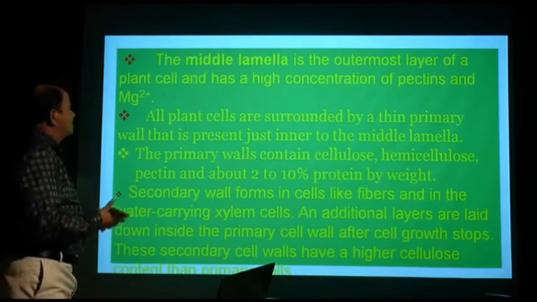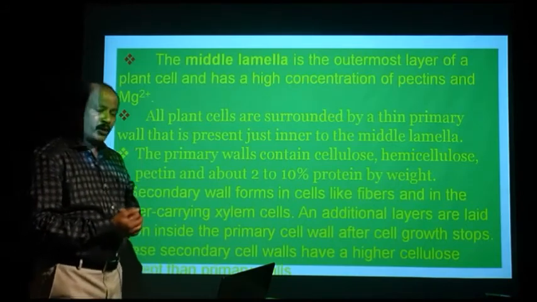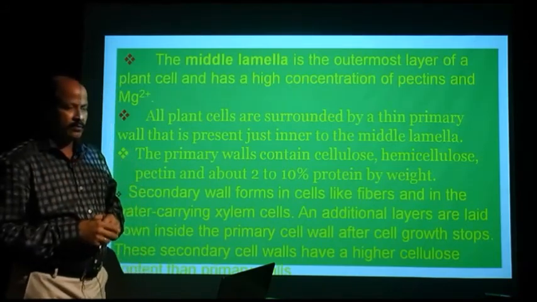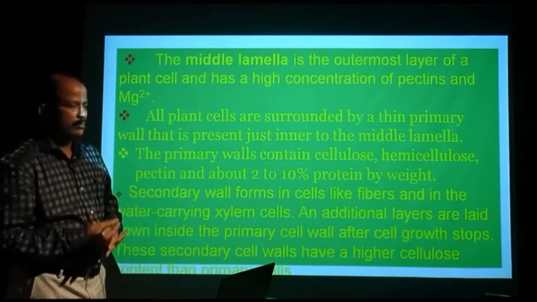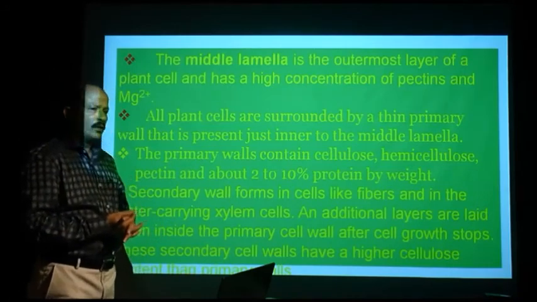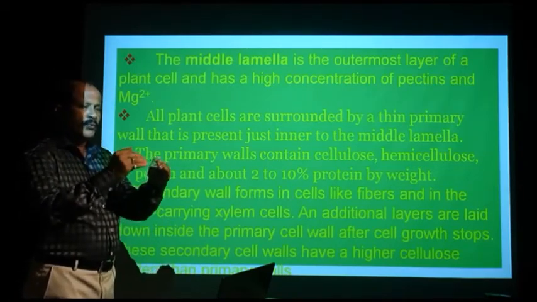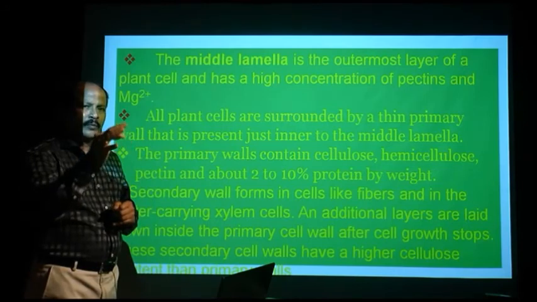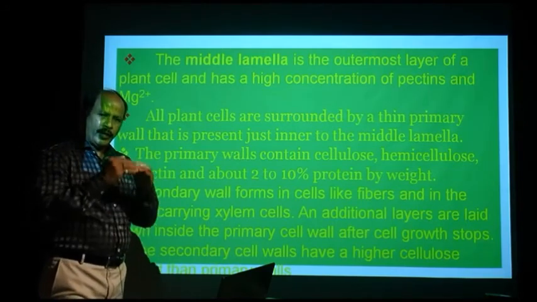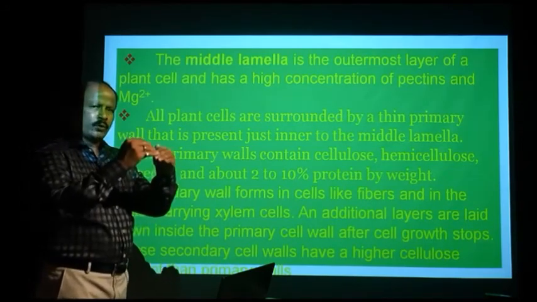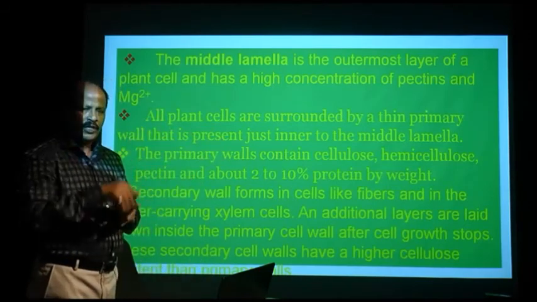Now let us come to the important feature of plant cells, that is the cell wall. The cell wall is often called the extracellular matrix because it is present outer to the plasma membrane. It is thick.